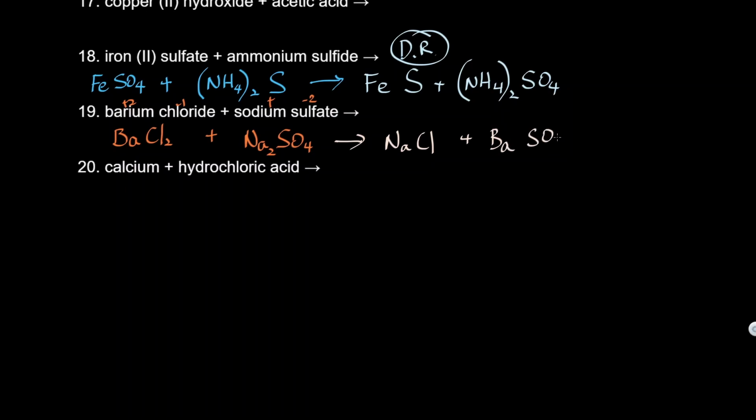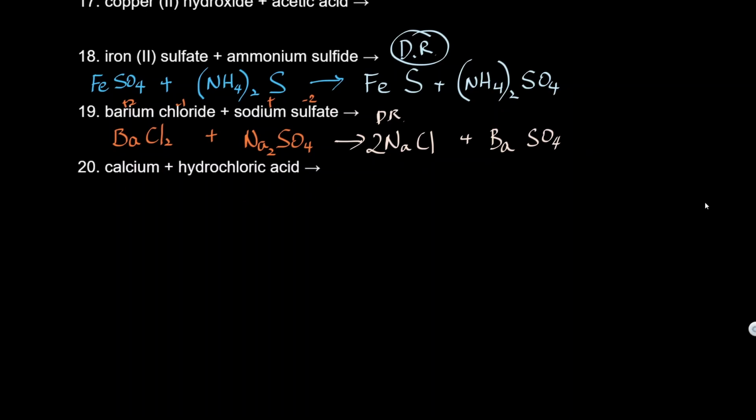Since this is 2 plus, 2 minus, you don't need to do anything right there. Now what just happened? Well, you had 2 Na's here, but you only have 1, so let's just put 2 there. And that will solve it, which will make 2 Cl's. You got 2 Cl's right there. So that's again double replacement.